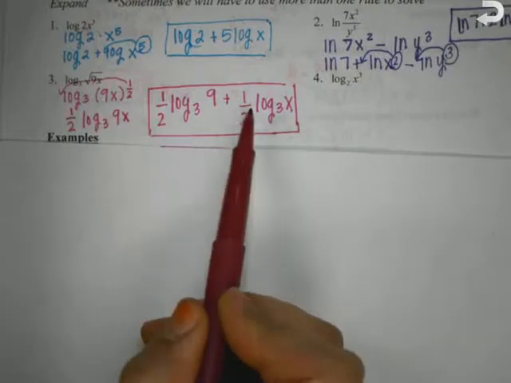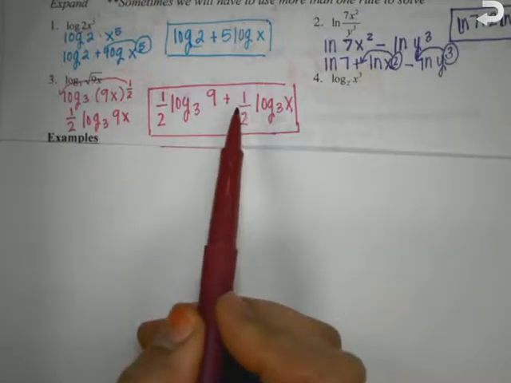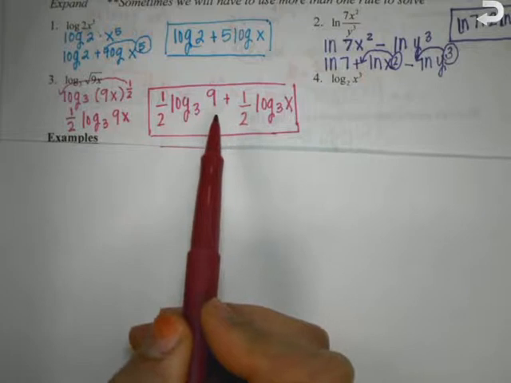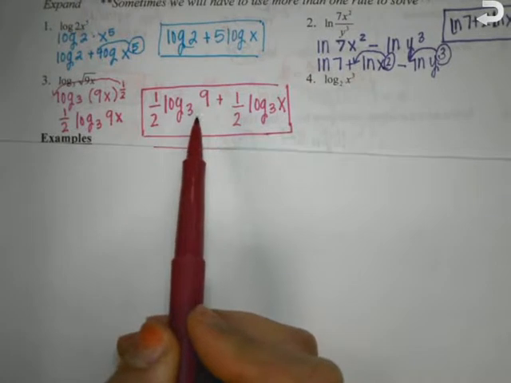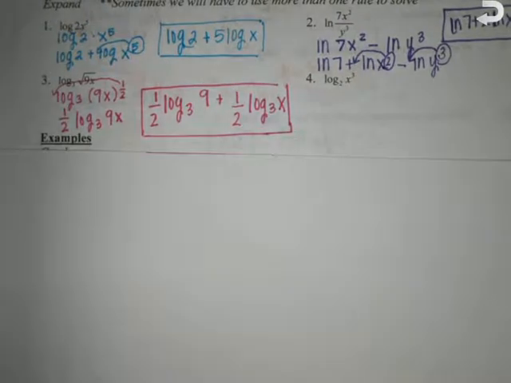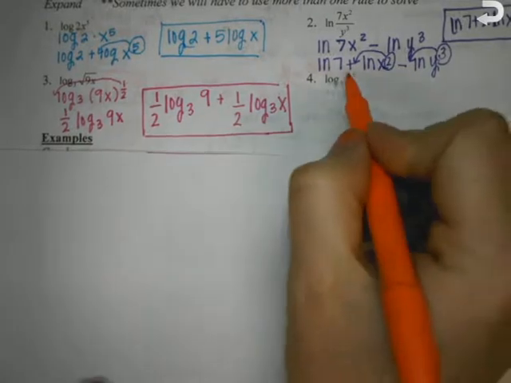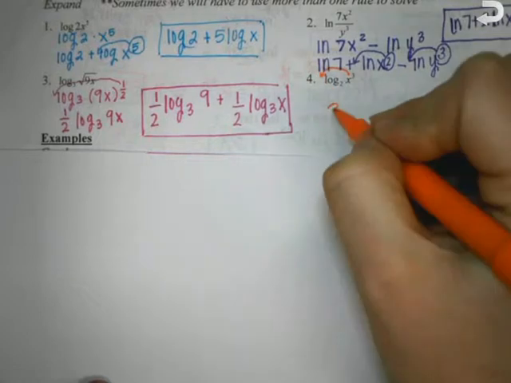Okay? You guys okay with that? Okay. Number 4 should be simple. There's only one rule here. What is it? Power rule. Take that 3 and bring it out front. So that's going to give me 3 log base 2 of x.